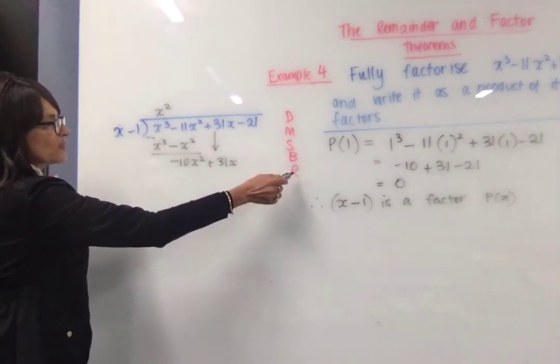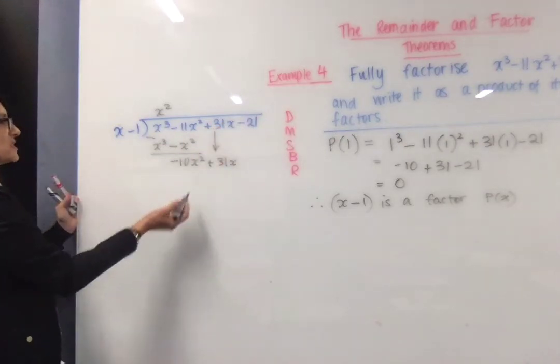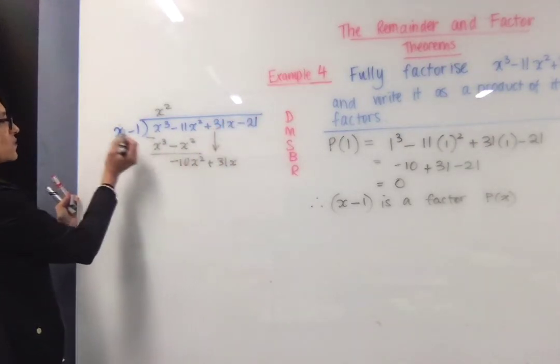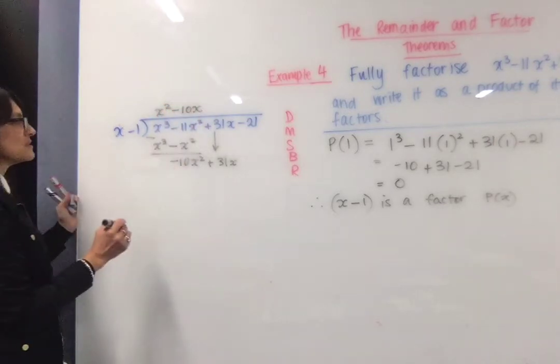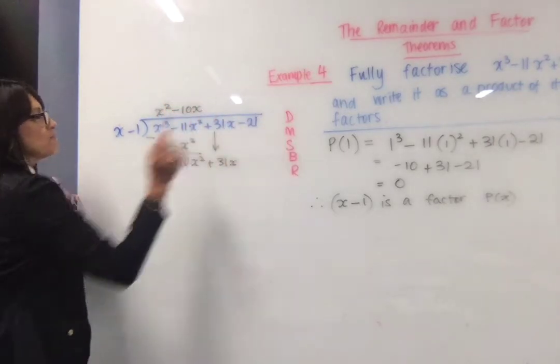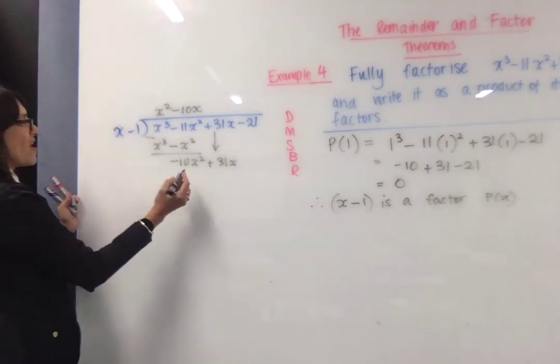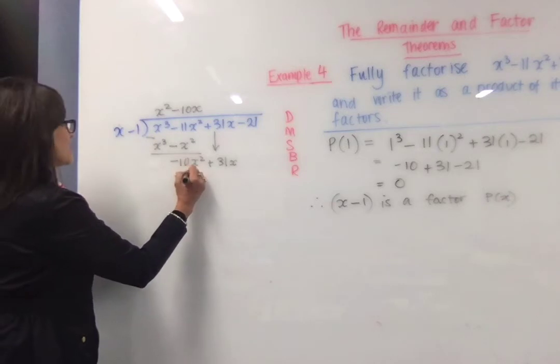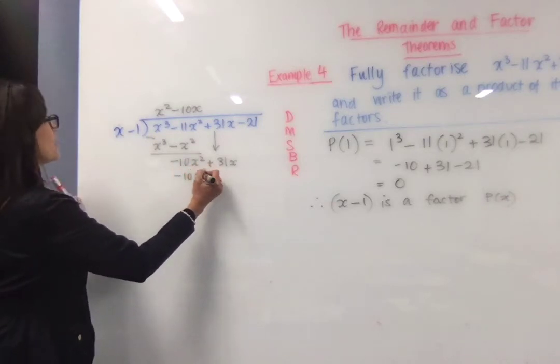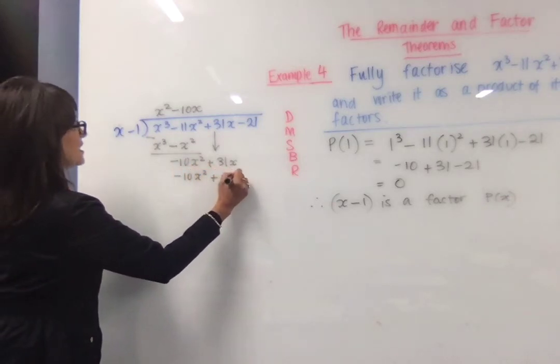Now, after I brought it down, I repeat the process. So I divide. Negative 10x squared divided by x gives me negative 10x. Multiply negative 10x times this whole term here, x minus 1, gives me negative 10x squared plus 10x.